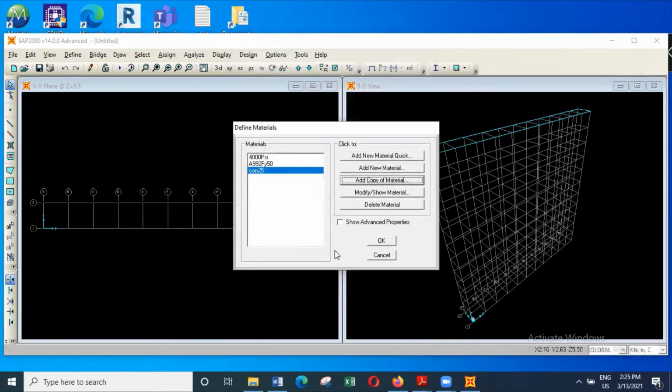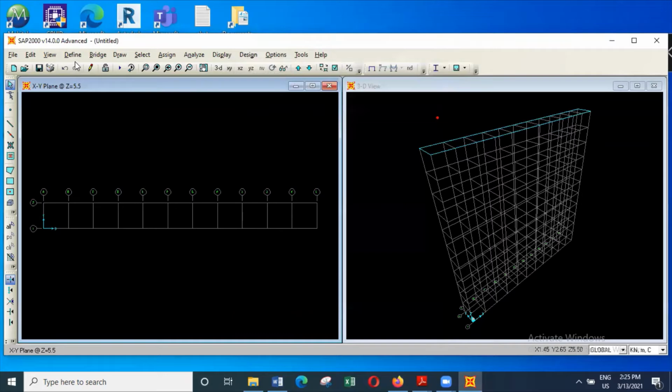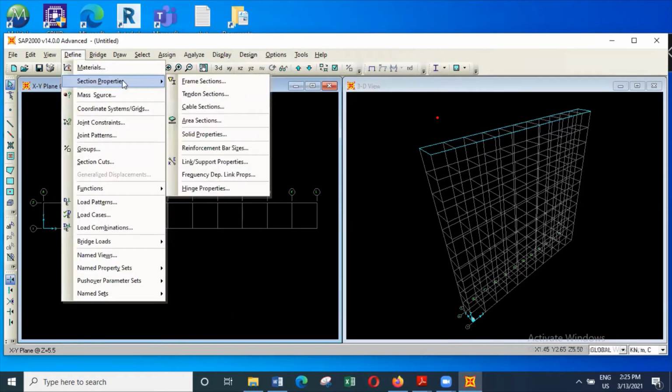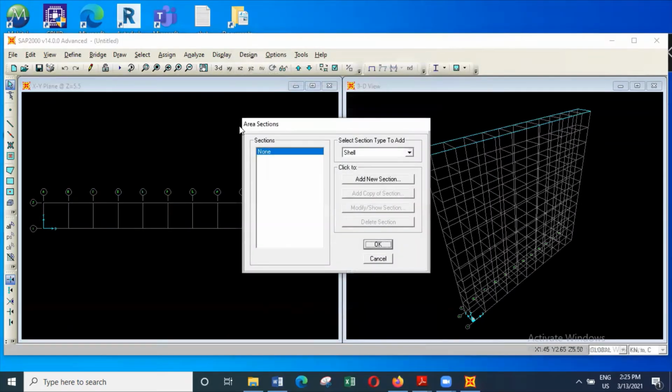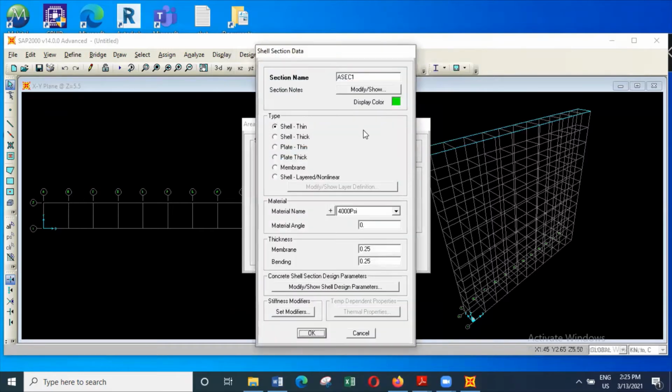And then we can also define the area section. And if we add a new section, we say wall 225 or 250, and you can see it's defined as 0.25, but here we change the concrete strength to 25 megapascal.